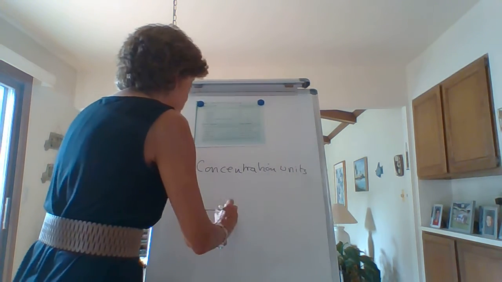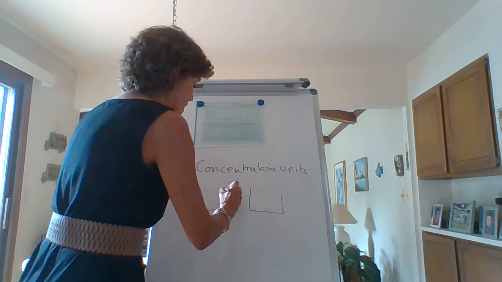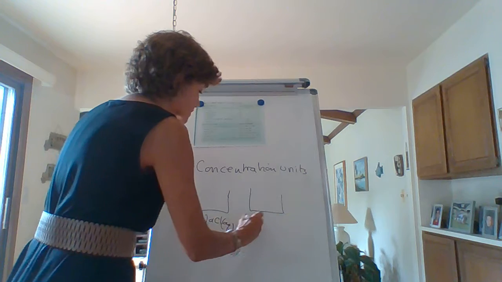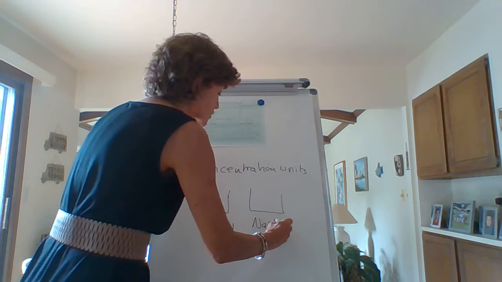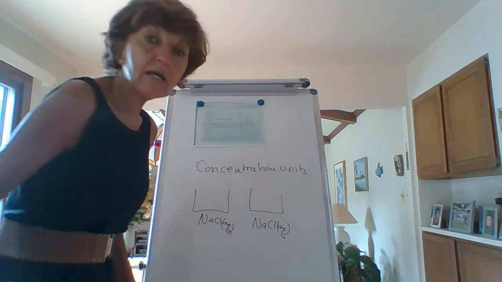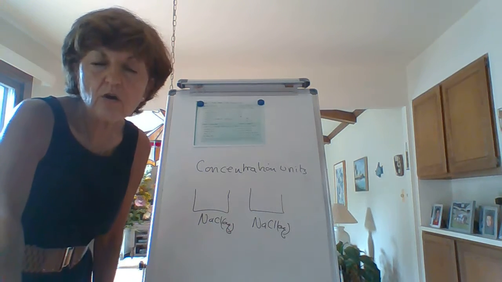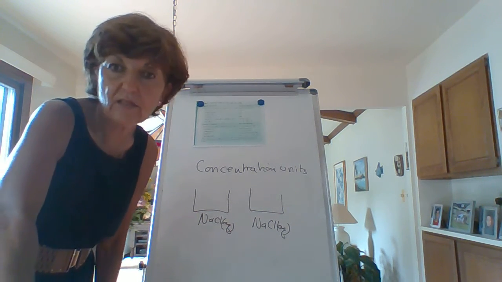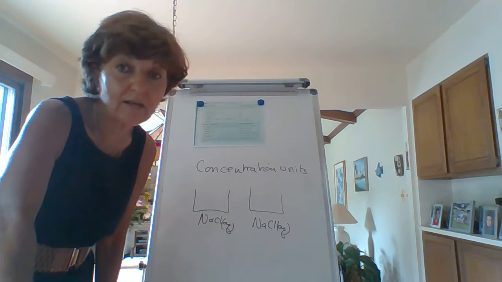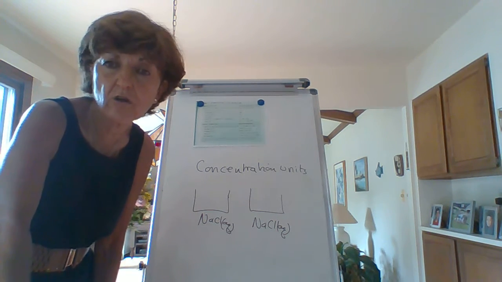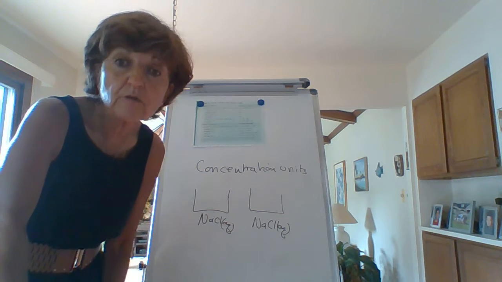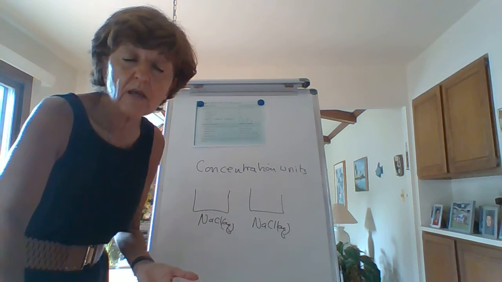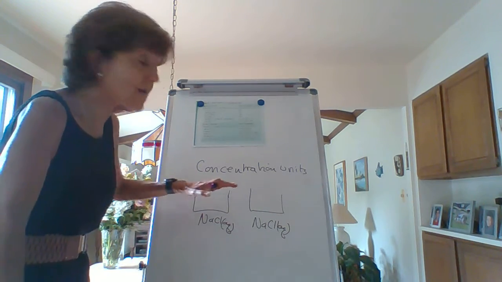Because if you have two beakers and they both have sodium chloride in them, this is sodium chloride aqueous and this is sodium chloride aqueous, and I tell you, how do you know which one is more concentrated? You're not allowed to add anything to it. You're not allowed to weigh it. You're not allowed to taste it and tell me, oh, one is saltier than the other. How are you supposed to know? And they both look exactly the same. The only way you could know is if someone had labeled it.